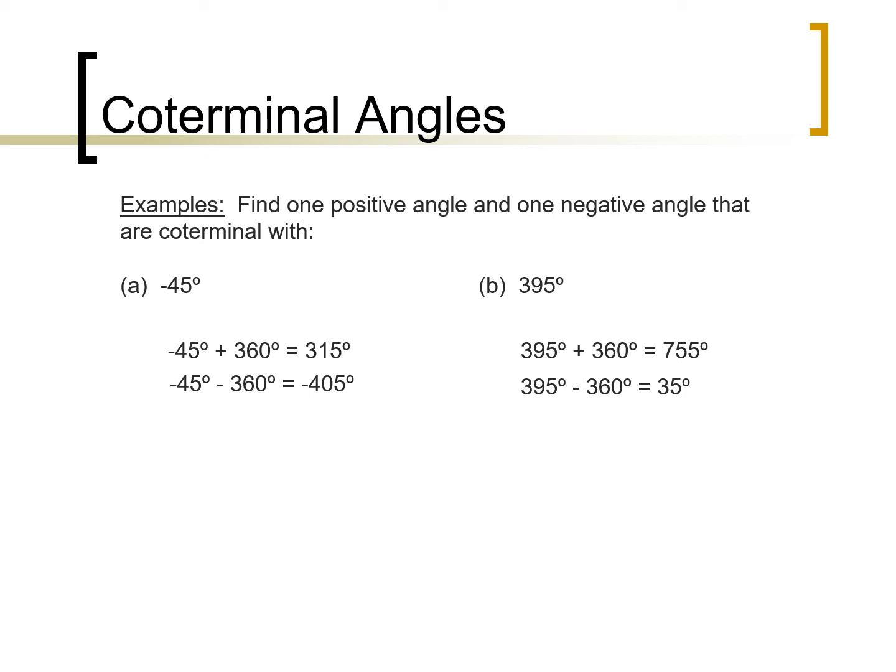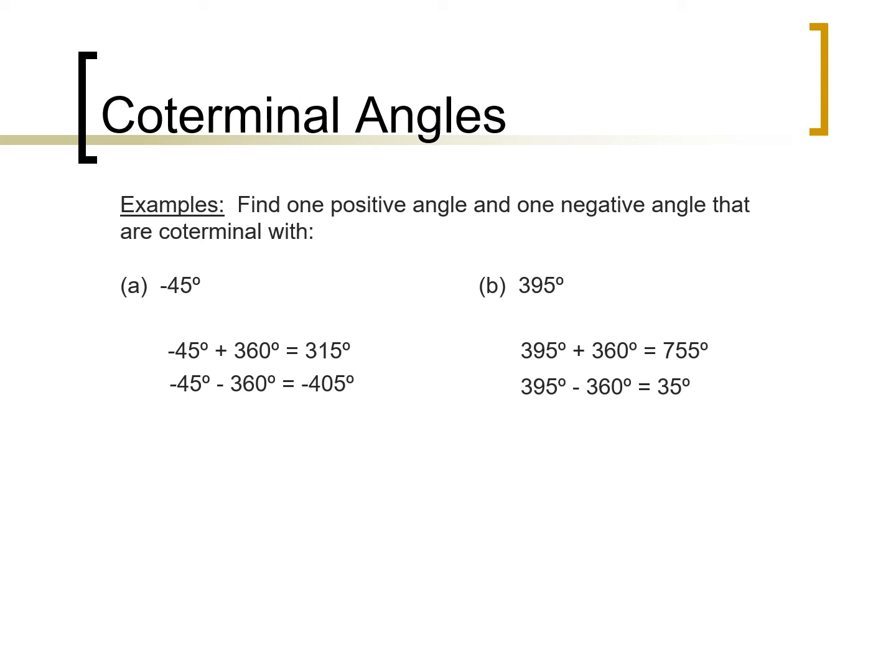But I also said in the directions I want a negative angle coterminal with 395. Well, remember that our directions were to add or subtract multiples of 360. I added 360 once, subtracted 360 once. I could subtract 360 again, 395 minus 360 minus another 360.